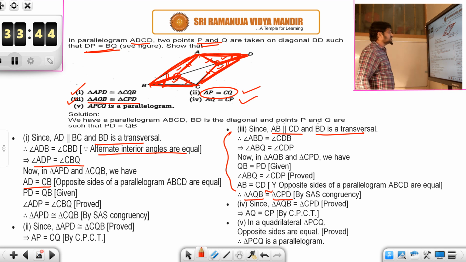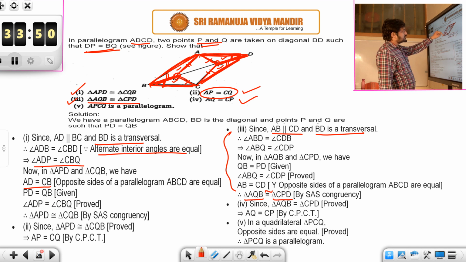Now using the second and fourth parts, AP is equal to CQ and AQ is equal to CP. So opposite pairs of sides are equal. So in the quadrilateral APCQ, opposite sides are equal.